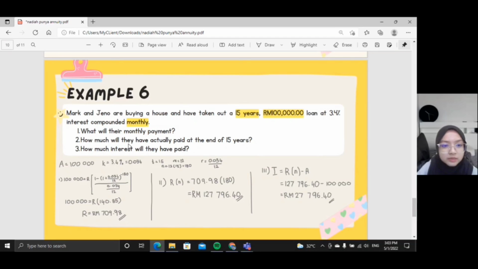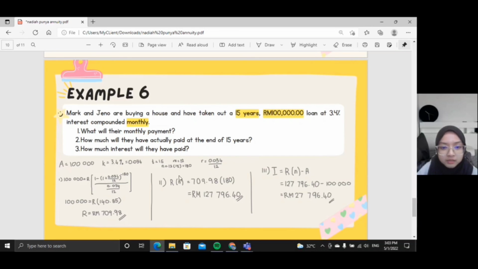So next question, how much will they have actually paid at the end of 15 years? So here, the amount that Mark and Geno need to pay after the end of 15 years. So the amount is R times N. R here is the amount that they paid monthly, with N here 180 because they compound it monthly.